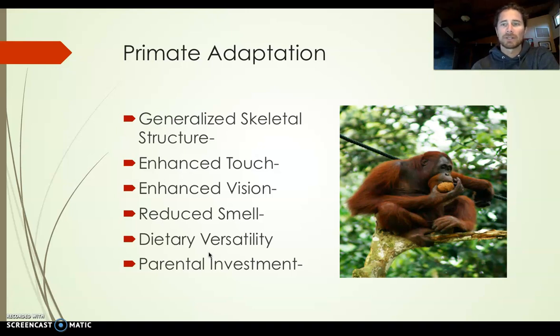Enhanced vision, kind of already covered it, binocular vision. Because our evolution, or our change in development, has shifted so much towards vision, we've lost a lot of our sense of smell. Canine units are used because dogs have a keen sense of smell.